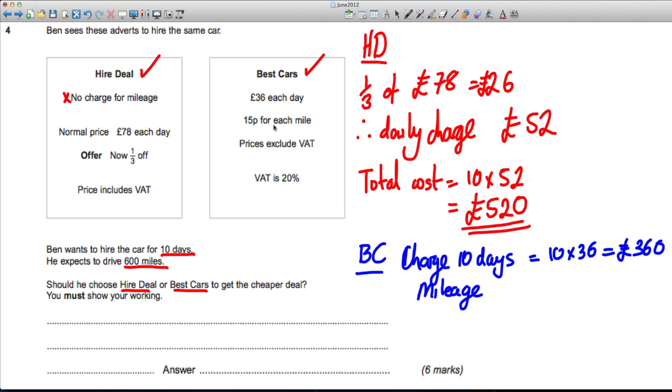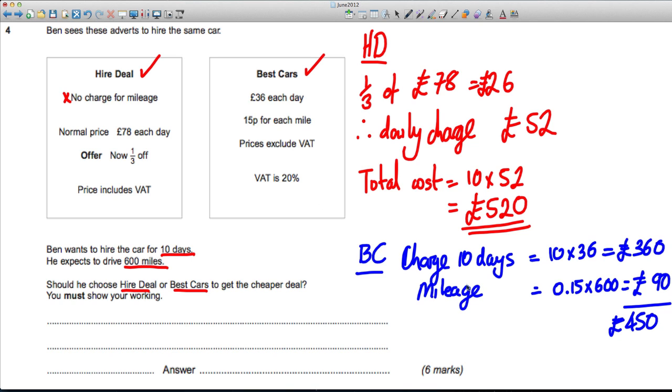Well, it would be 15p times each mile. Let's do it in pounds, so it would be 0.15 multiplied by 600, okay, for each mile. So 0.15 times 600, this would give you 90. Okay, and that would be the cost excluding VAT. So you add those together and you get £450.